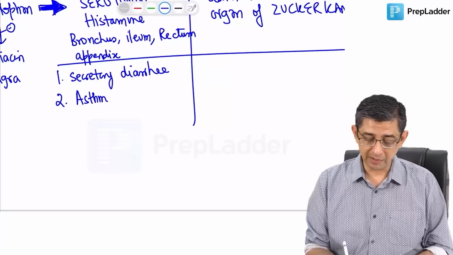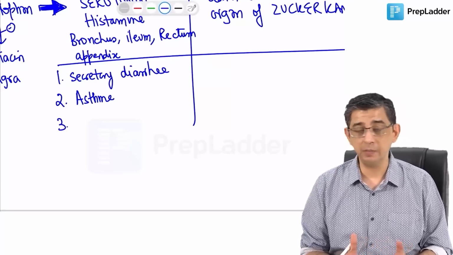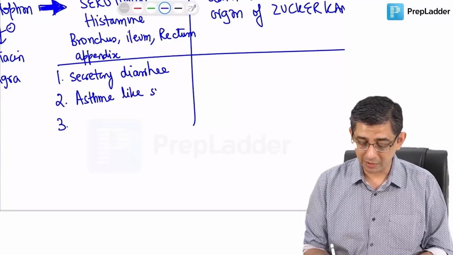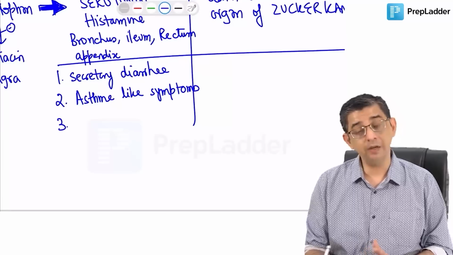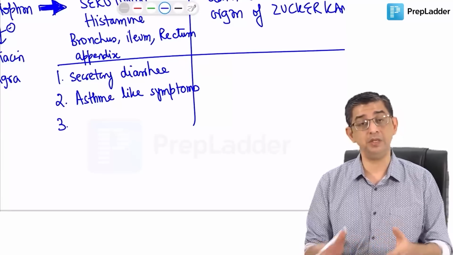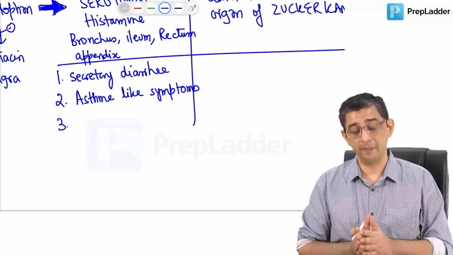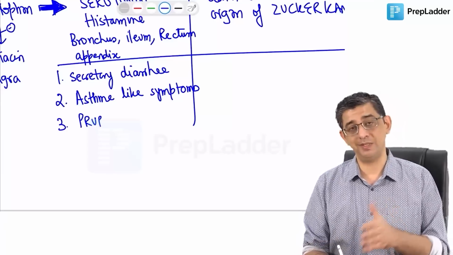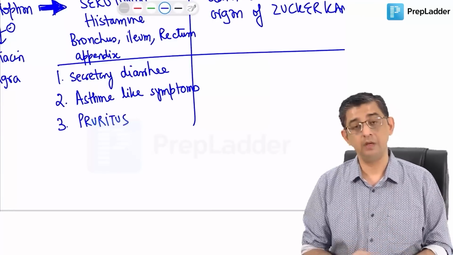There will also be asthma-like symptoms developing in this person, because of histamine. Histamine causes bronchospasm, but I'm not writing only asthma. I'm saying asthma-like symptoms because asthma could be triggered by exposure to pollen grains or dust or allergens. But in this case, this guy is sitting at home and there is a wheeze coming from his chest. Histamine will also contribute to activation of H1 receptors in the skin, contributing to extensive itching, pruritus.